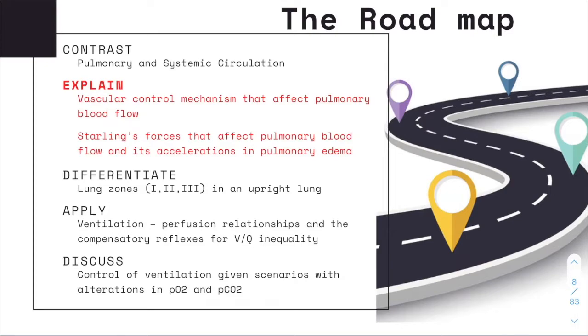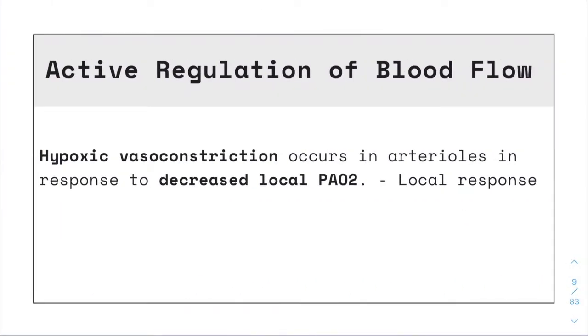So next will be to discuss the vascular control mechanism that affect your pulmonary blood flow, and your Starling's forces that affect your pulmonary blood flow and its acceleration or formation in pulmonary edema. Okay, remember that hypoxia is very important in the control of your vessels in the pulmonary circulation.